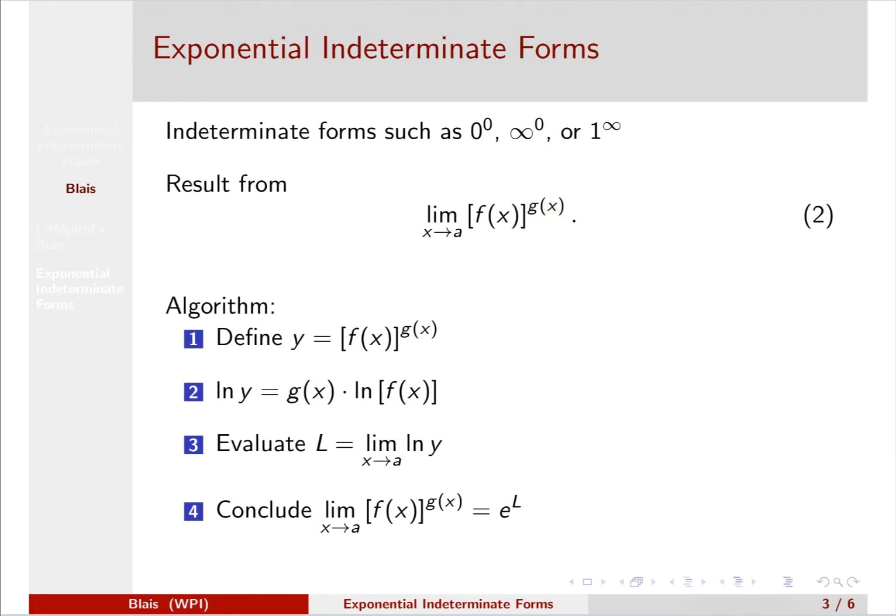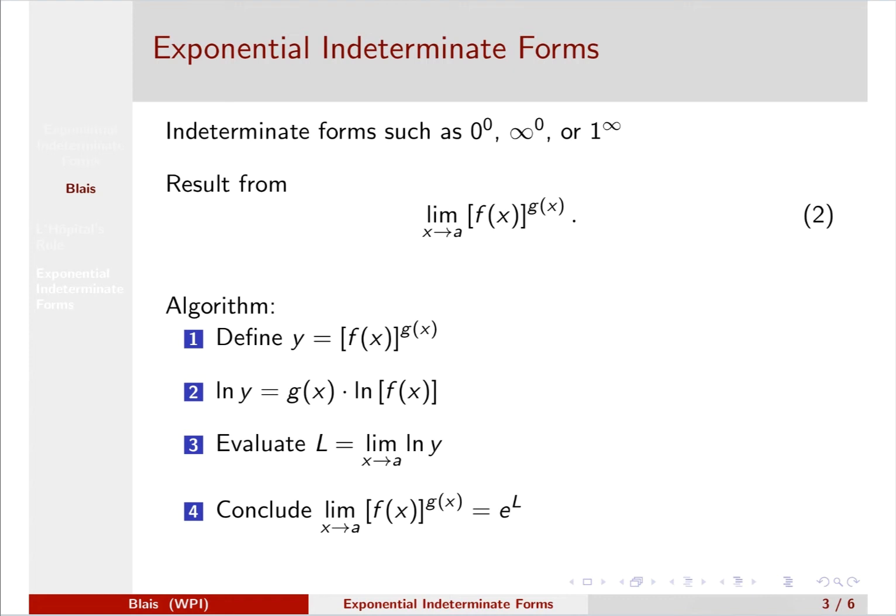So for example, if as x goes to a, f of x is approaching 0, and g of x is approaching 0, this limit could be many different things. It can be infinite, it can be finite. It will depend on how fast the base is approaching 0 compared to how fast the exponent is approaching 0.